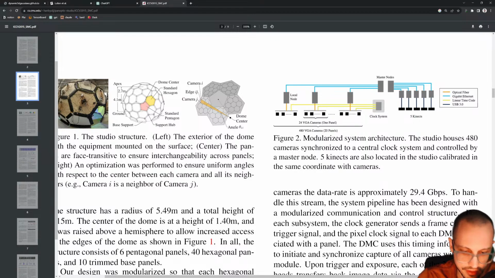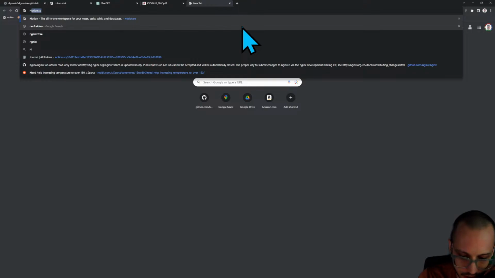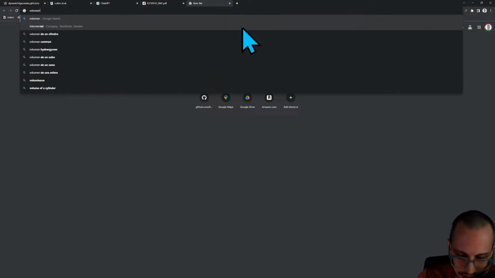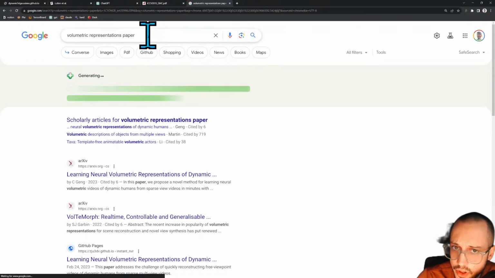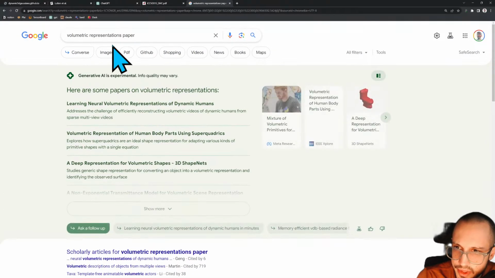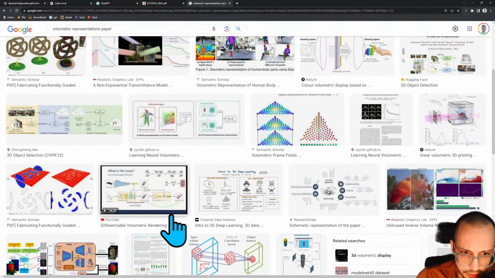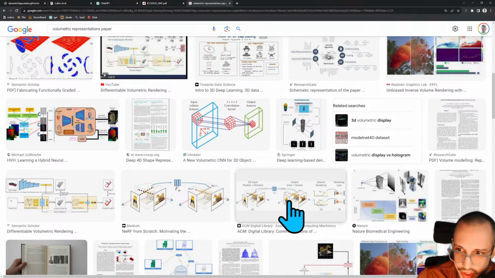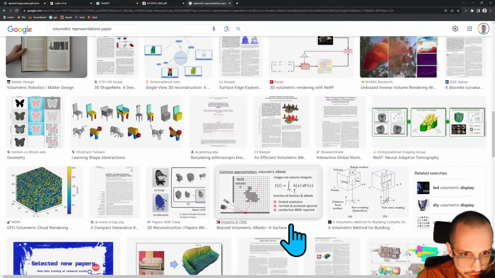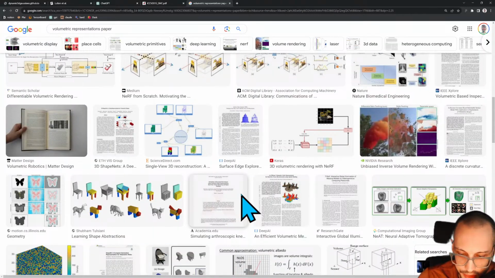This is not the first time that it's been used, in kind of the original volumetric representations paper, NeRF. I think it might have been this one. Yeah, and I'm going to have a hard time finding this, but in the original NeRF paper, I'm pretty sure they used one of these camera spheres as well.